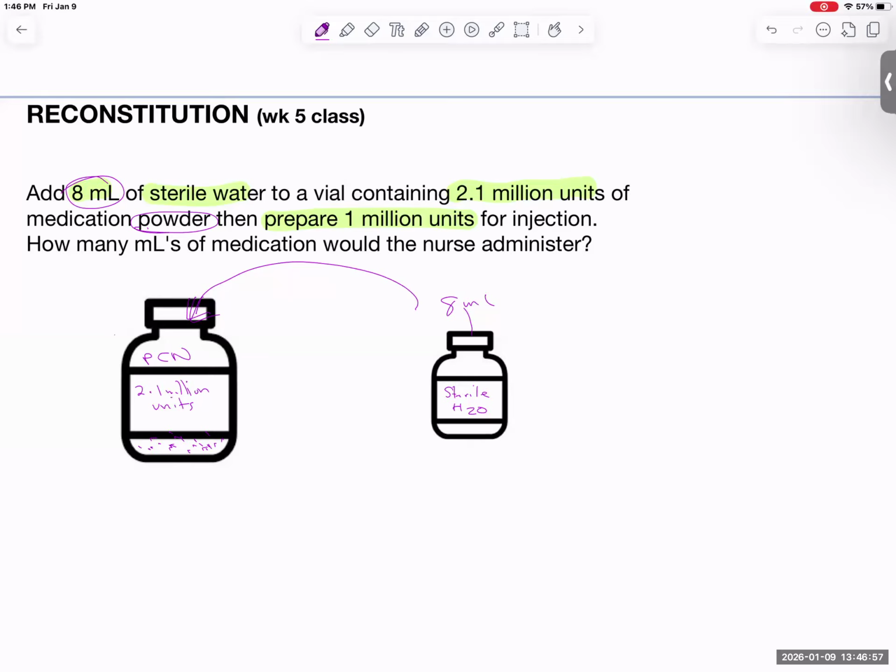So I have to add sterile water or whatever is prescribed to mix it with, and I will create a concentration when I do that. So by adding 8 milliliters to this vial, I have just created a concentration of 2.1 million units per 8 milliliters. You would be shocked how many people don't know how to write out millions.